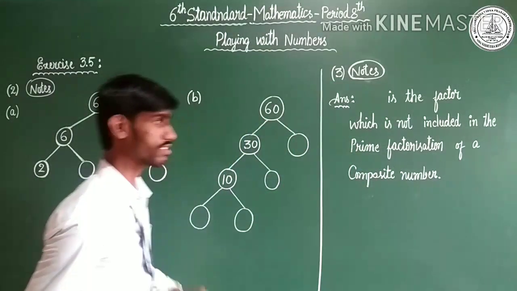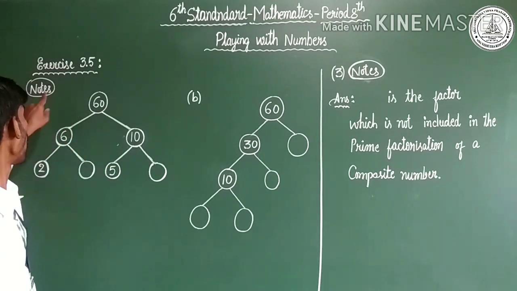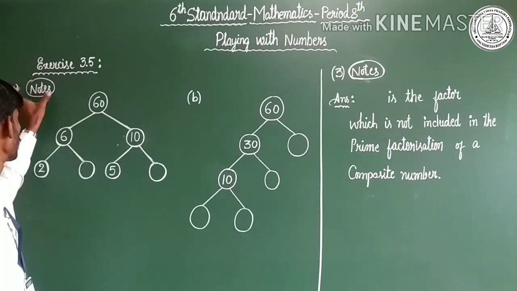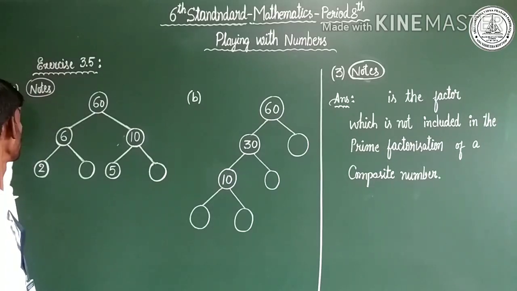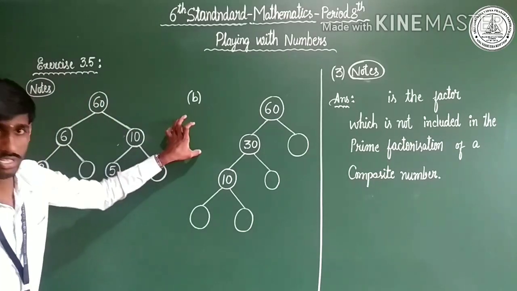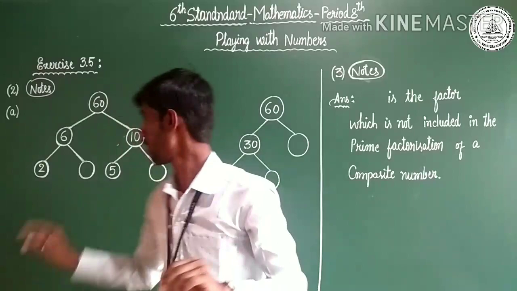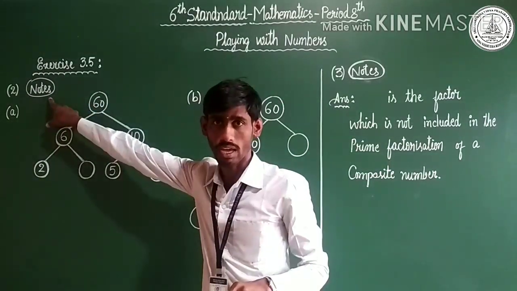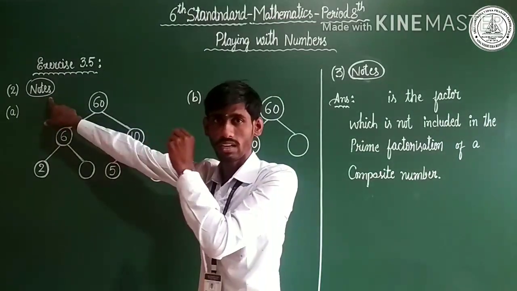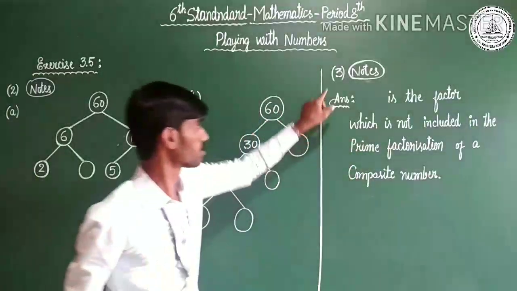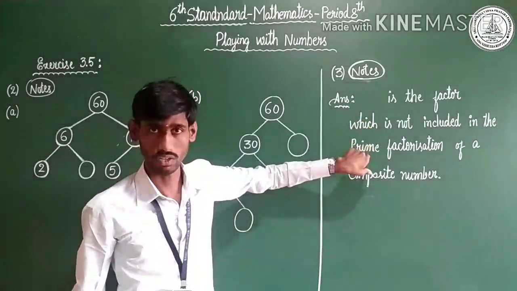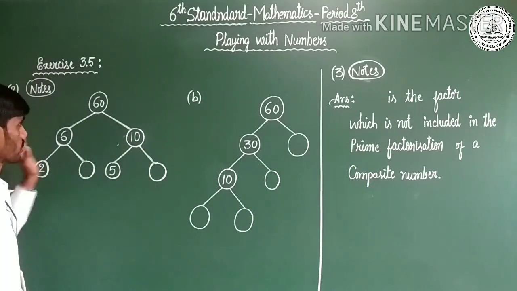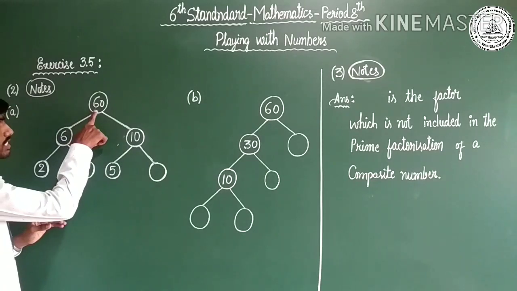I'll solve them, and one more important thing, I have marked here: these two questions belong in your notebook. Also see the third question, write it in your notes too. Clear?